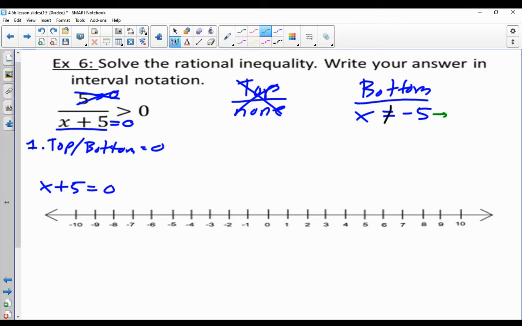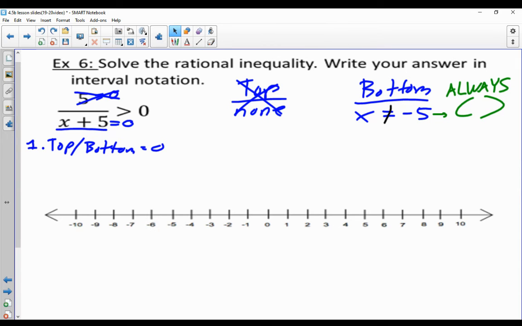And since it's not equal to, we can always assume, no matter what, that it's open. And, of course, that already takes care of step 2. We don't need to determine if it's open or closed, because we don't even have a top. And the bottom, always open. Didn't even need to look at the inequality, because we can always assume the bottom is 0.